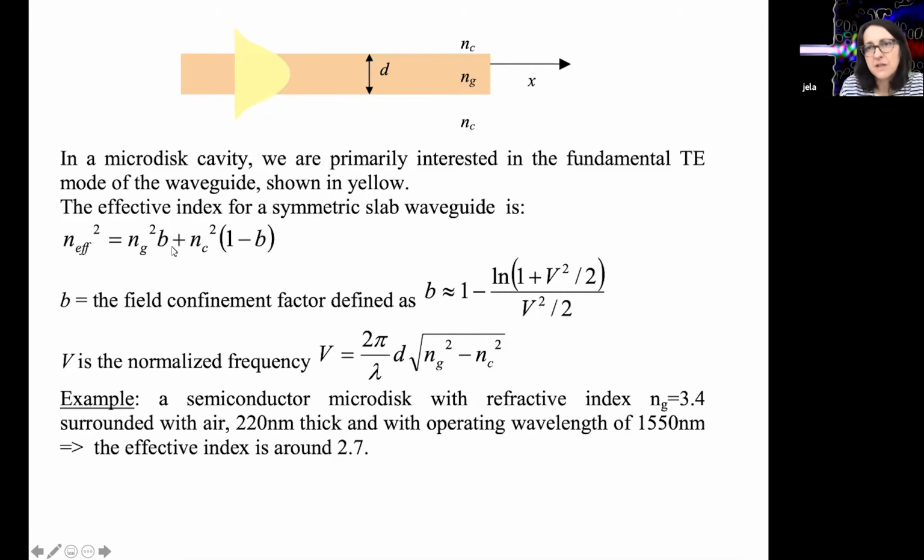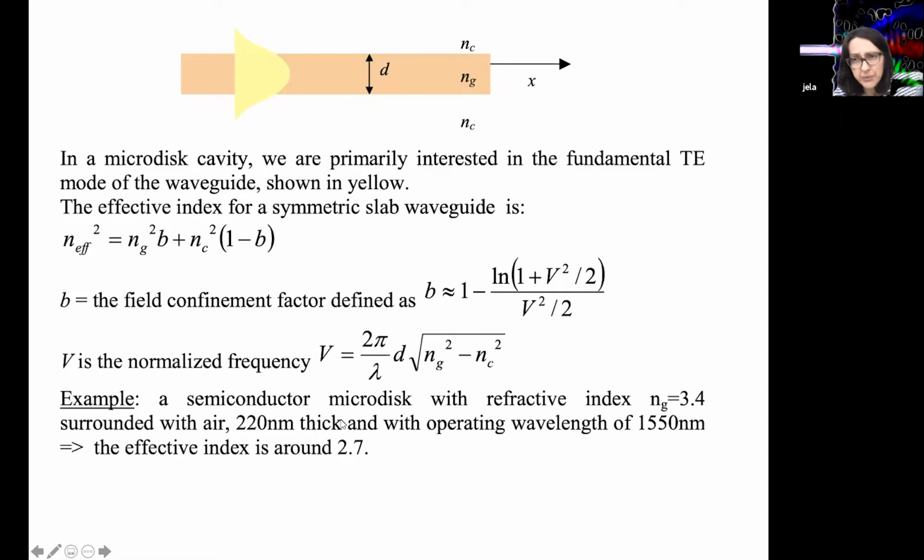Clearly the effective index is between the index of the disk and the index of the cladding, and depends on the confinement factor of the mode, which in turn depends on the omega-k dispersion relation for the particular mode. You can directly use these equations and plug them in for all the problems that you are solving in this class or in the homework, because we're focusing only on this fundamental mode in the vertical direction and TE-like modes of the disk.